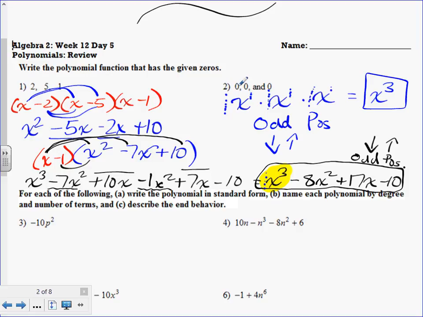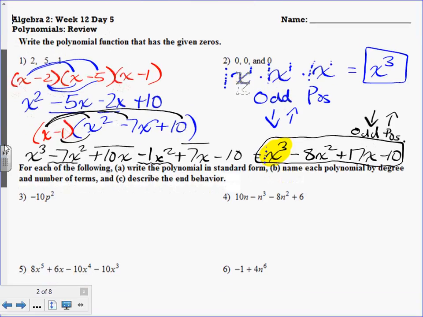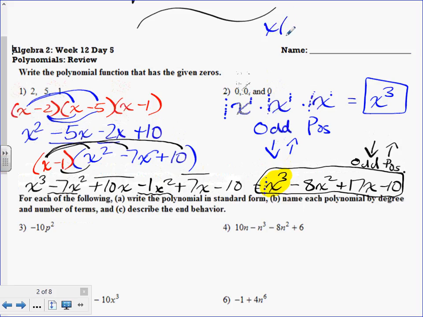If the answer is 0, then the factor is just x. Just like how if these are the factors, then what do you say the answer is for this one? X equals 0. Yeah, we say x is 0. So if the answer is 0, then the factor is x. Okay.